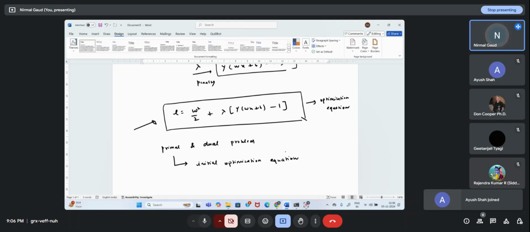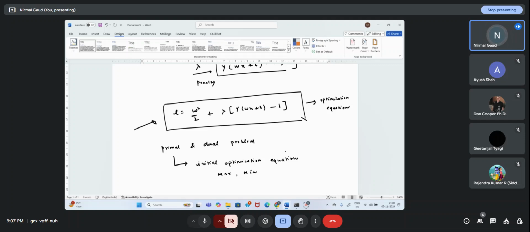It is the original optimization problem, the equation on which we want to perform the optimization, and either I need to find maxima or minima. That's what I need to find. You very well know I need to differentiate this equation, and I'm having x and y here, and I'm also having lambda here.